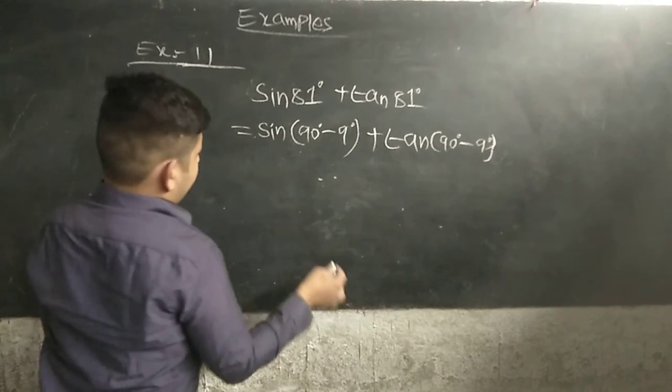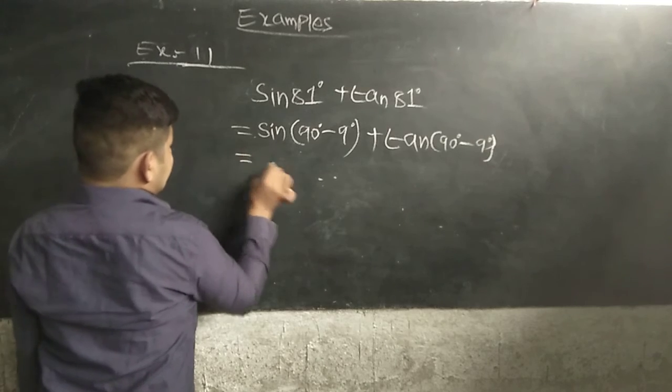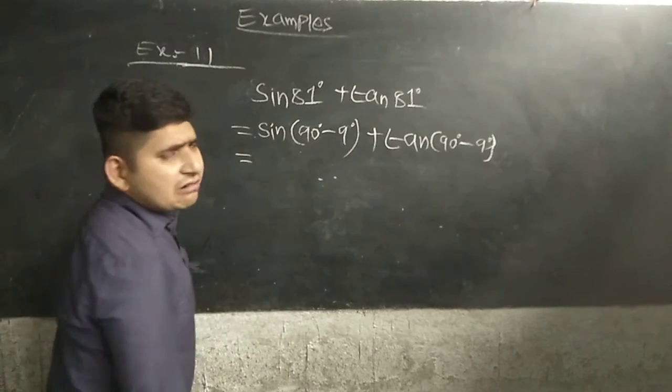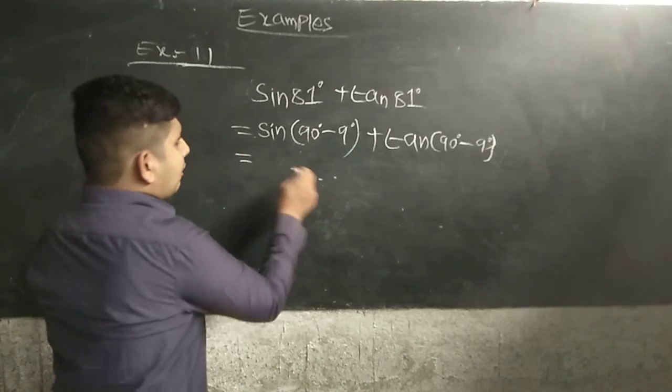Now, here see, sin(90 minus theta) equals what? Cos theta. So cos 9 degrees.